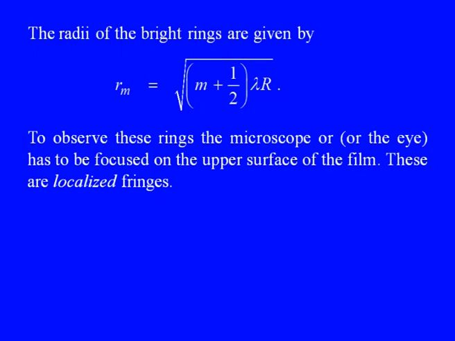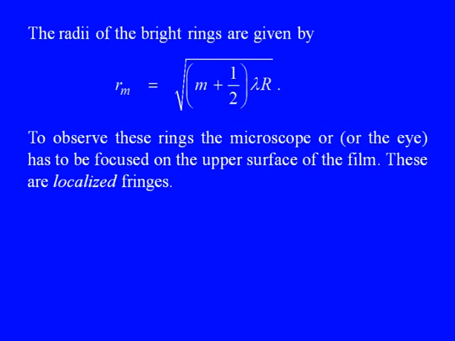If R is small, the rings will be too narrow. Now, the radii of the bright rings are given by r_m equal to the square root of (m plus half) times lambda R. This half comes, as I pointed out before, because of the difference in the nature of reflection at the top of the film and the bottom of the film.